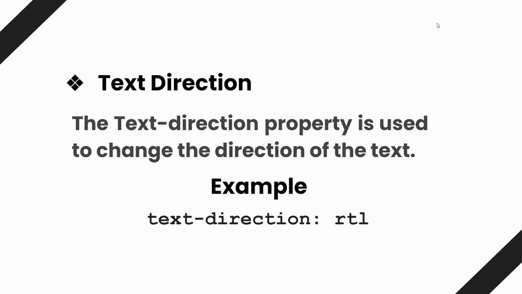But by default, the original text direction is LTR, which is left to right, which is why whenever you render any HTML element on the web browser, it always begins on the left hand side of the screen. So it goes from left to right. We'll be seeing more of this when we get to the practical session of today's class.